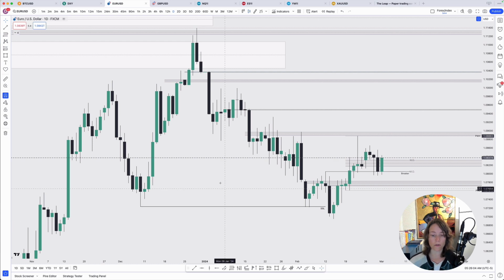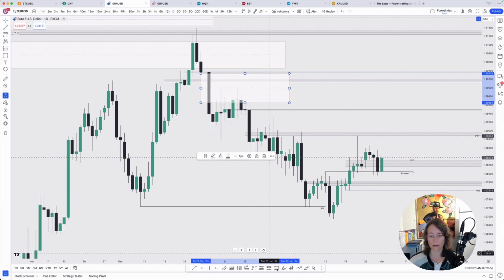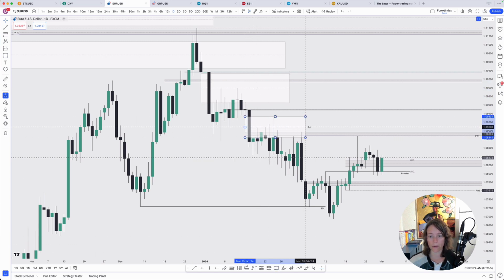The institutional levels are the levels created by PD arrays. If you keep that in mind, then you'll start to see that when we have a fair value gap that gets respected bearishly, price moves down, creates another fair value gap displacing lower, and price pushes down again.